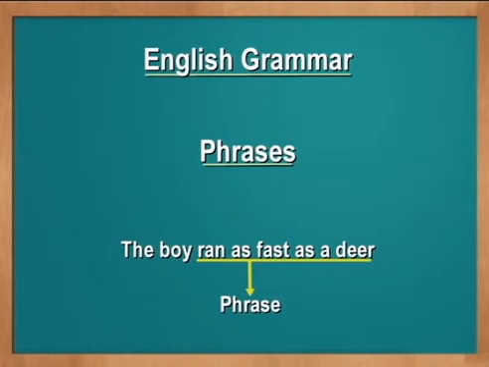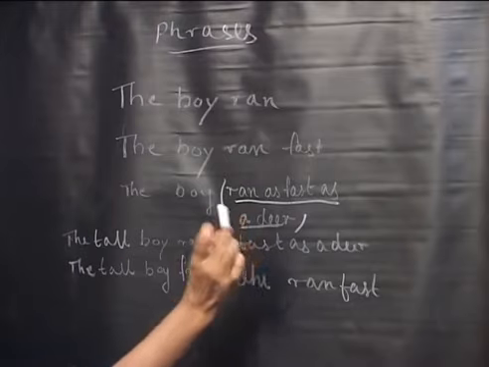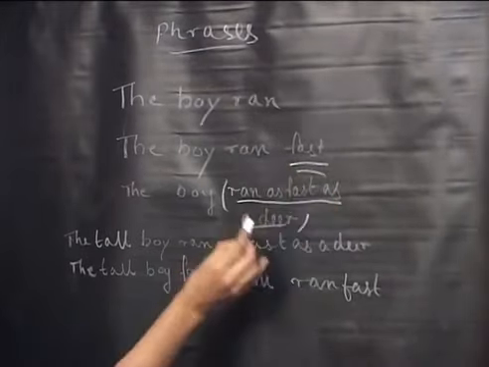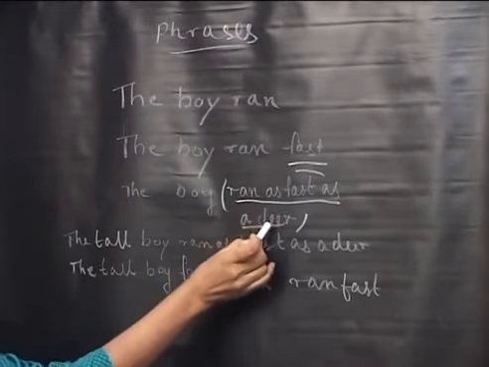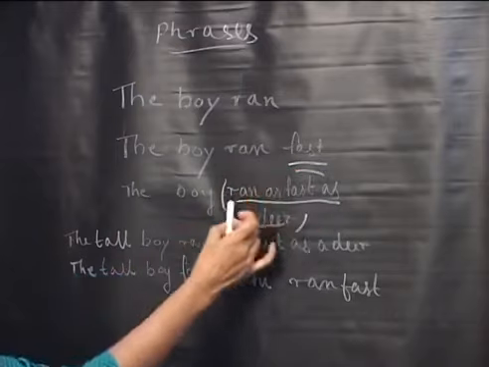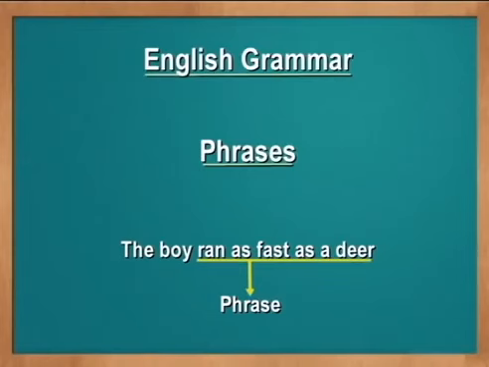Now, this group of words also does the same function as that of fast. In fact, these extra words are doing the same function as fast. So, the entire group of words we call a phrase.